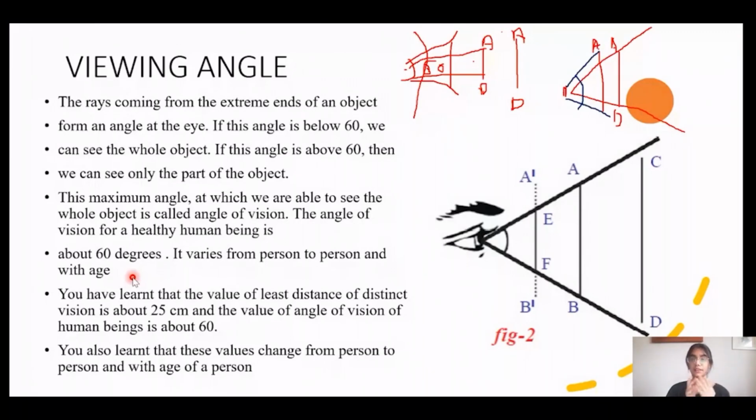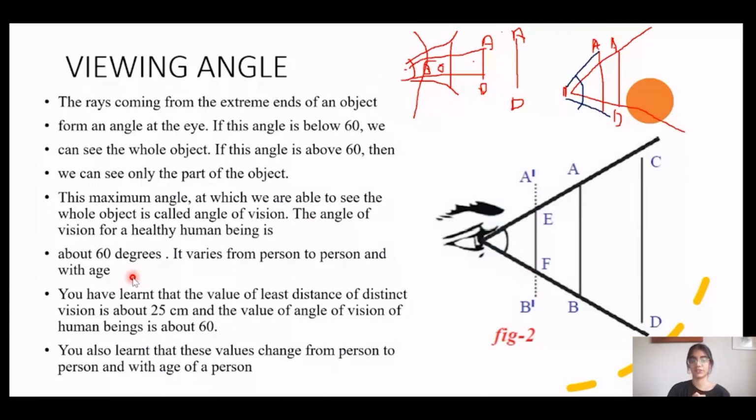Why? Because the human lens is a flexible lens. You can change its focal length by straining it or by contracting it. Which particular eye muscle helps you to do this, we will study later. For right now, you have to remember that the maximum angle at which we are able to see the whole object is called the angle of vision.